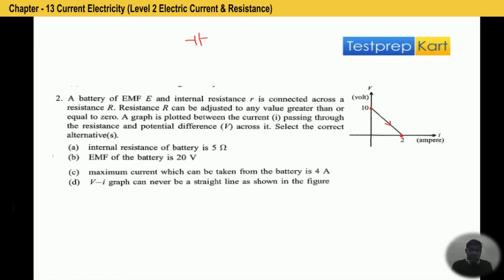So basically which process is taking place? There is a battery with certain internal resistance and a resistance R is connected to it.